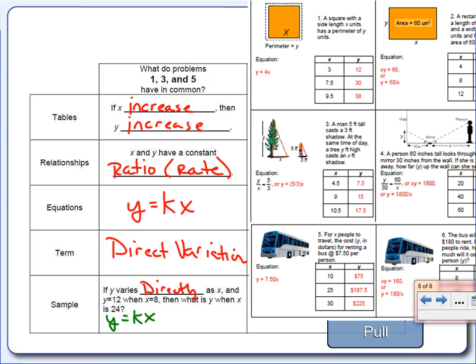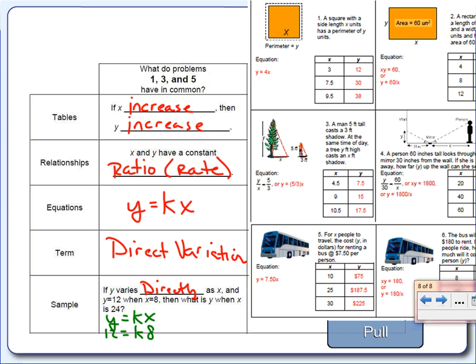So on the first one, we have no idea what that constant is, that ratio. So we have to find that k first. So here's what they told us. They told us that the y was a 12, and they told us that the x was a 8. This is what they gave us. So what I want to know is, what was that constant ratio? What is that k value?